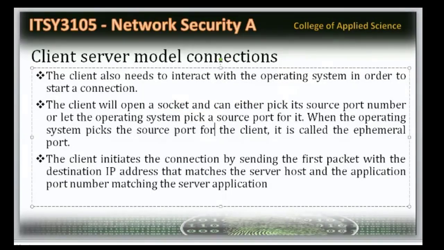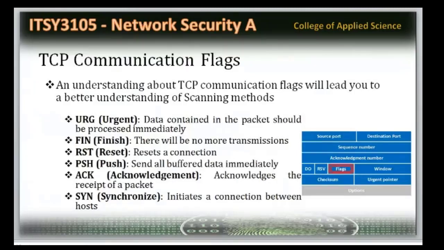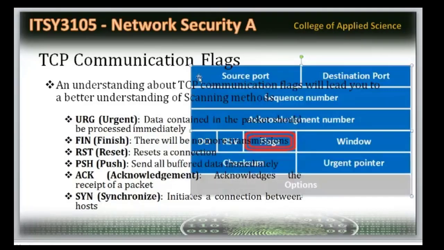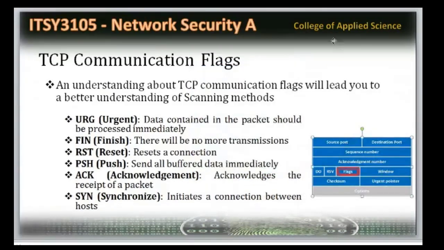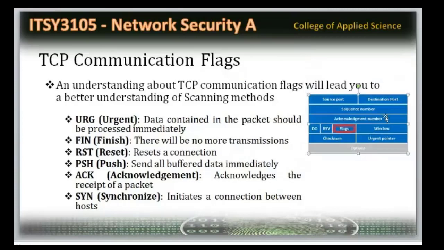Now, the next concept is the TCP header. I'm taking the TCP header. You can see the TCP header. The TCP protocol is available in layer 4. Now, this is the format of the header, that means the TCP header.